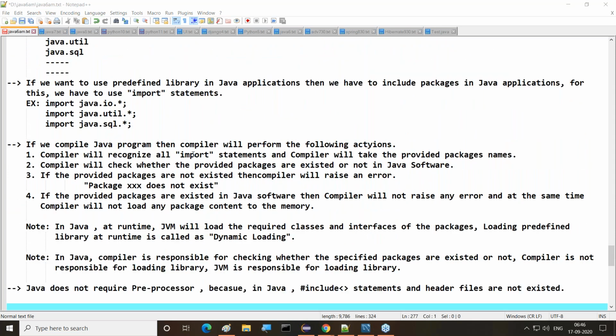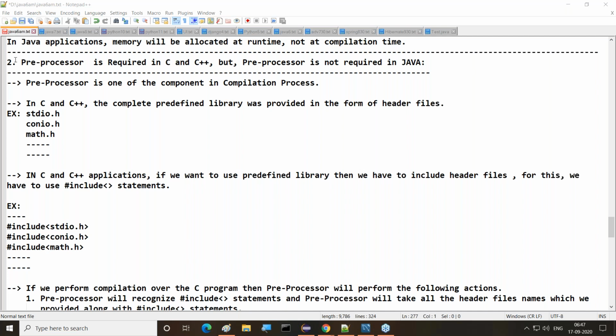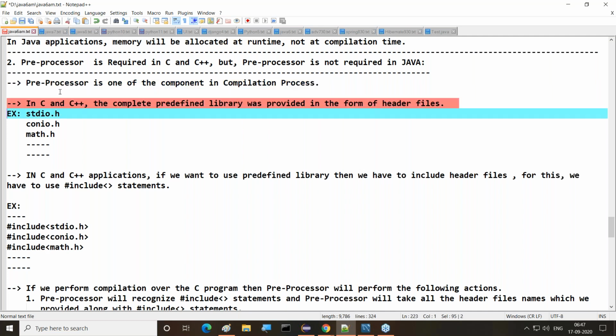Guys, just take 1 minute to analyze what exactly are the points I discussed with you today. Preprocessor is required in C and C++, but preprocessor is not required in Java. I gave a diagram showing the location of the preprocessor. Preprocessor is one of the components in the compilation process, the first phase strictly speaking.